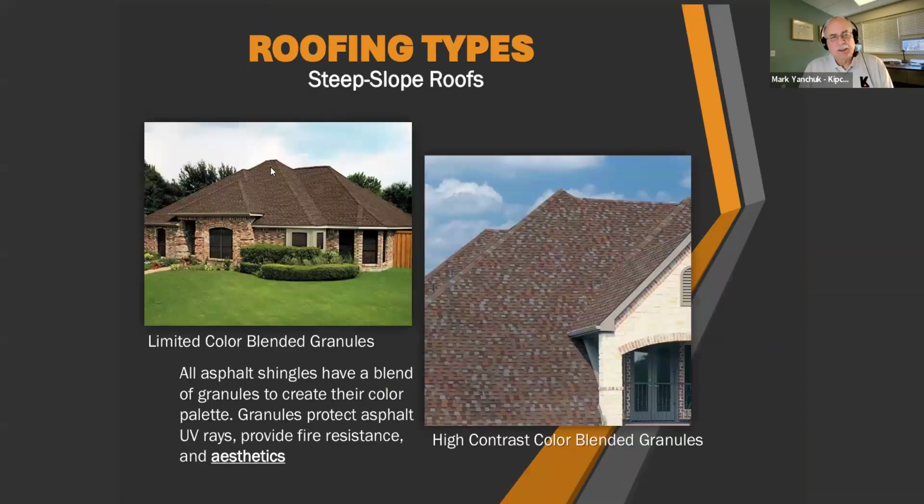One of the things you also need to consider when you're selecting your asphalt shingle is color blending. Now, the coating on top of the shingle is a combination of blended granules. Some manufacturers blend maybe 2 or 3 granules to get their color combinations.